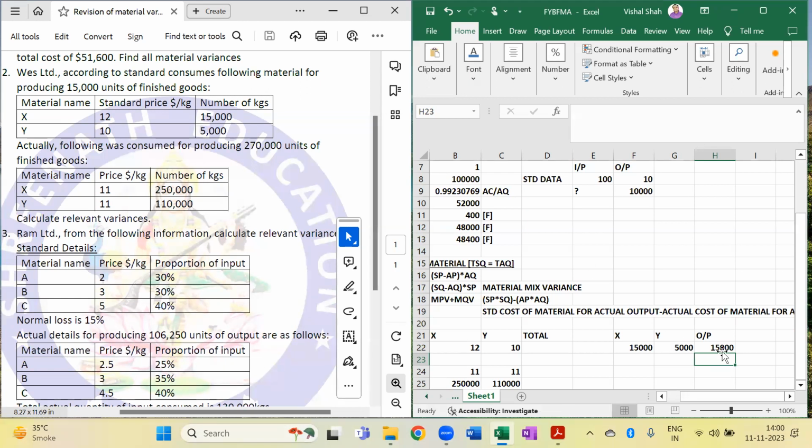This 15,000 output is given here, I am highlighting that, and 15,000 X, I am using it here. Given for 15,000, I have produced 2,70,000. So cross multiply, and you will get for X and for Y. I want an answer.